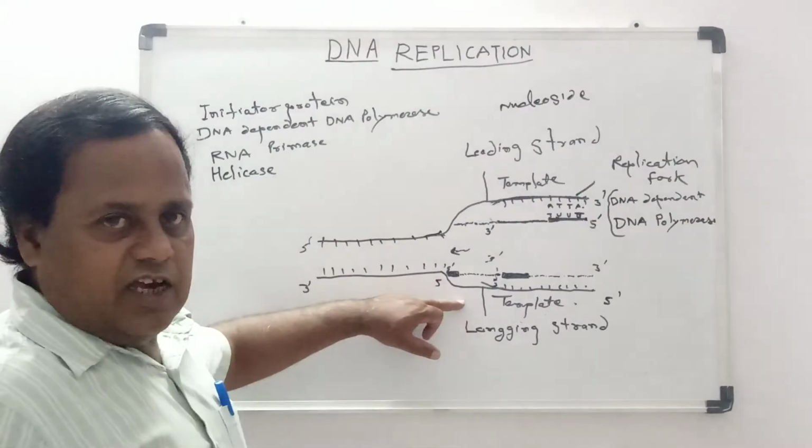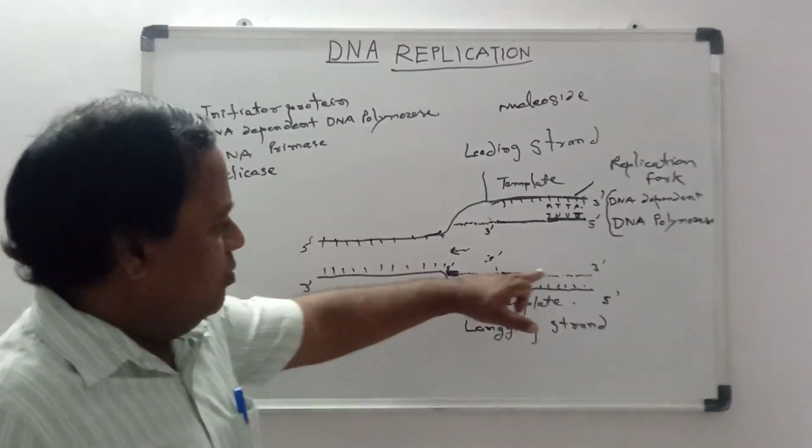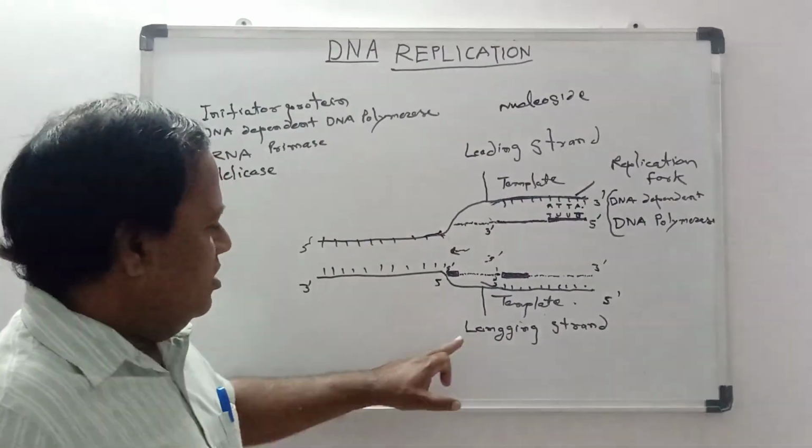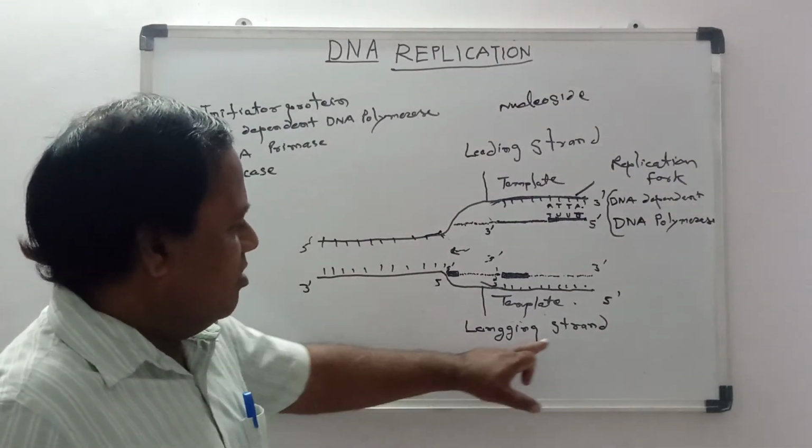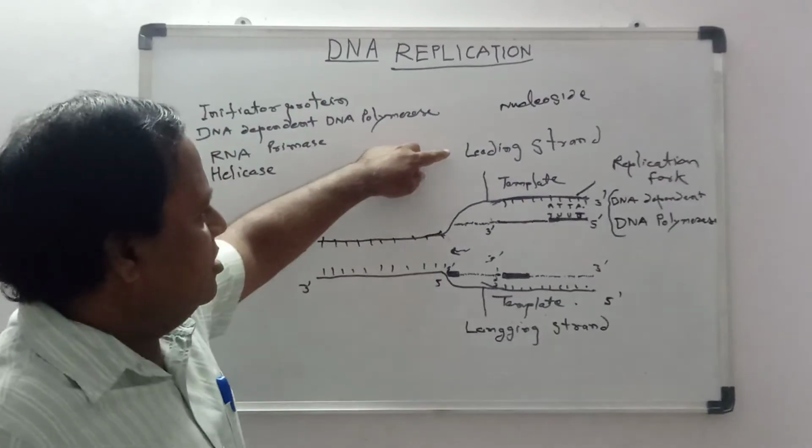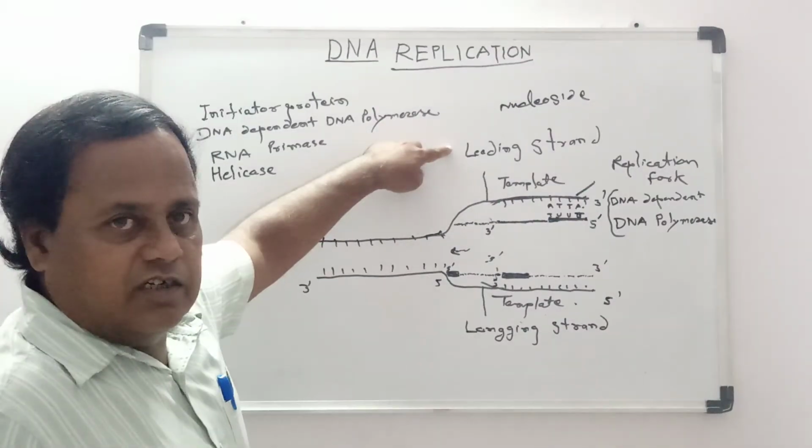As this template is lagging behind in the process of polymerization, hence this strand is called the lagging strand and this is the leading strand.